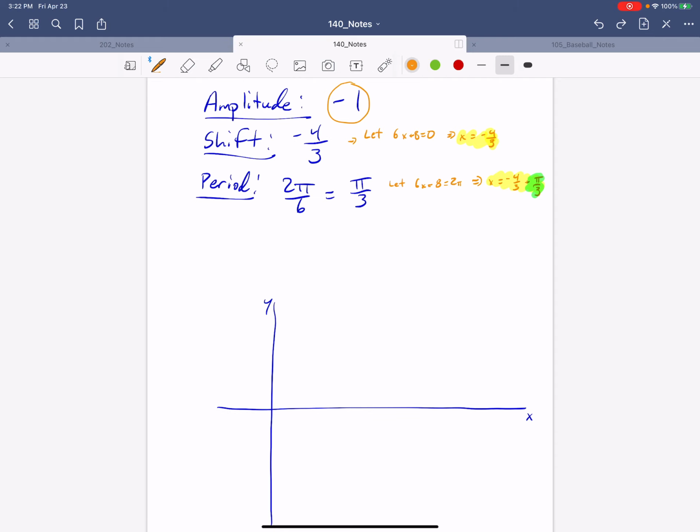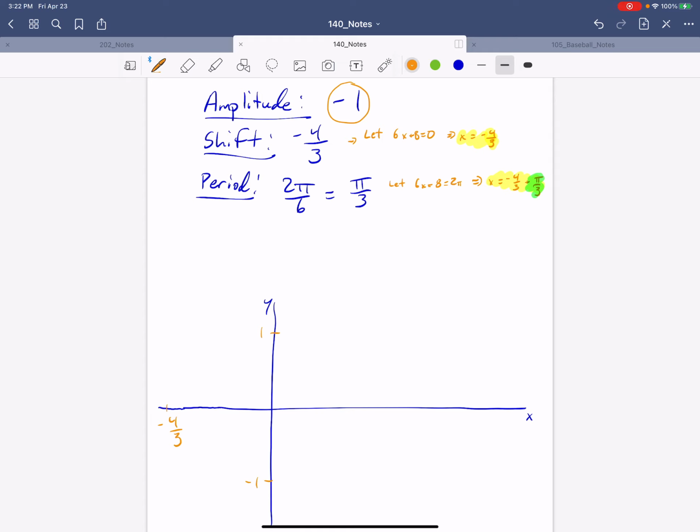Maybe we'll go out a little bit further. If we have 0 here, we know that our graph is going to be as high as 1 and as low as negative 1. Negative 4/3 is, maybe we go a little bit further here. I think we're right about here or so. That's roughly negative 1 1/3, roughly proportional.